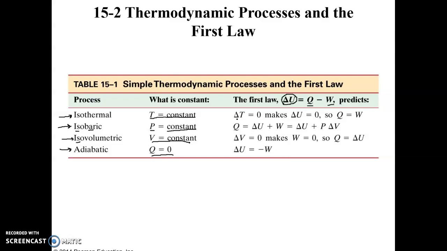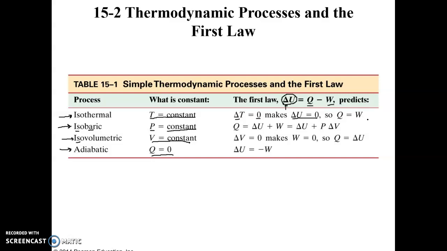Well, first of all, if we have isothermal, that means the change in temperature is zero.